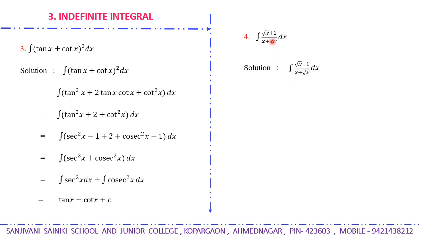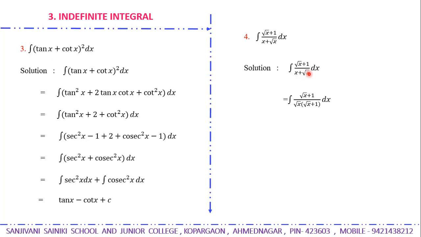Now the fourth example is root x plus 1 upon x plus root x. So how to simplify it? Okay, simplify it by taking root x common. We can write x as root x into root x, or root x bracket square.